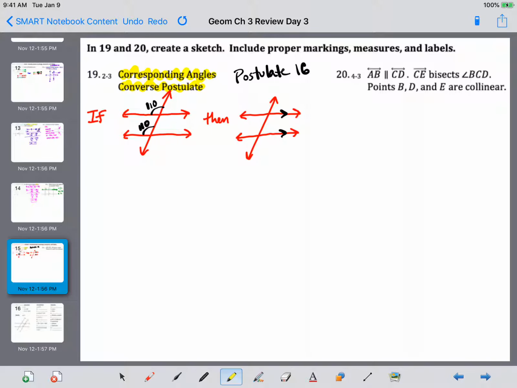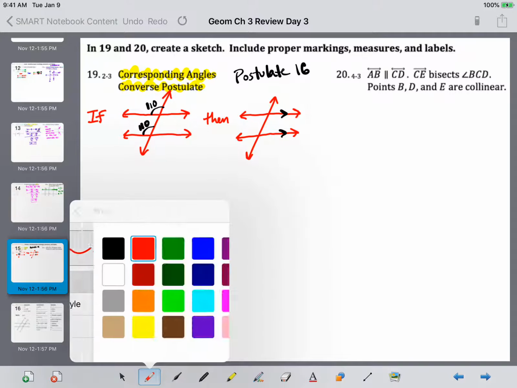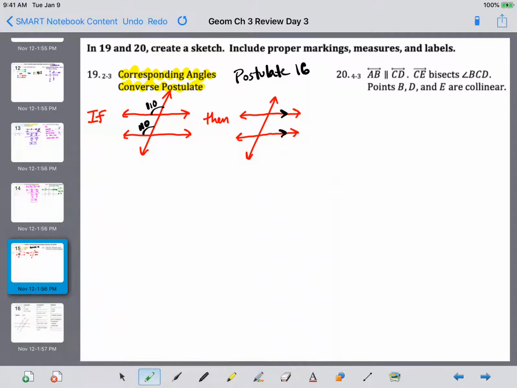tomorrow. All right, next part we have is another sketch. So we're going to draw line AB parallel to line CD. So I better put points A and B on the top line, and then points C and D on the bottom line. And to show that these are parallel, I need to put another set of arrows on there.